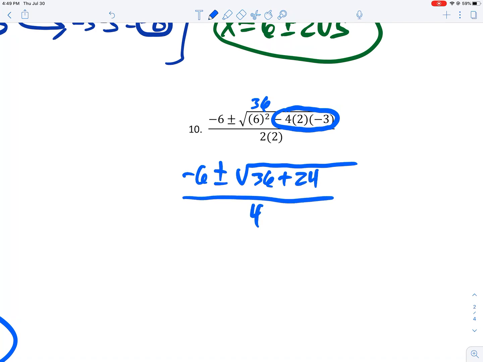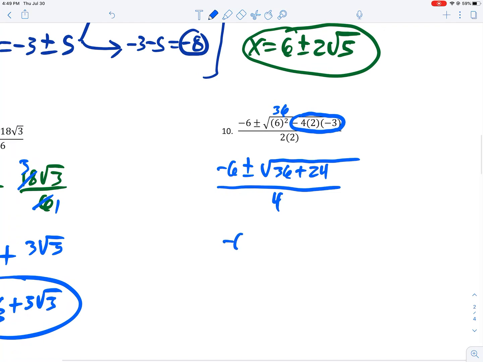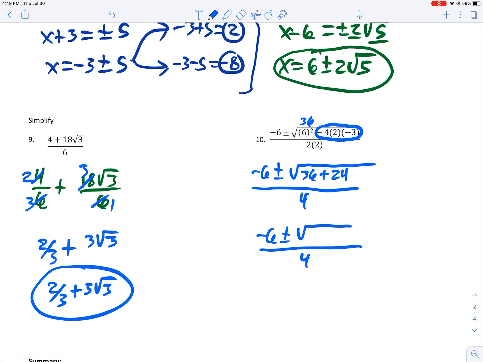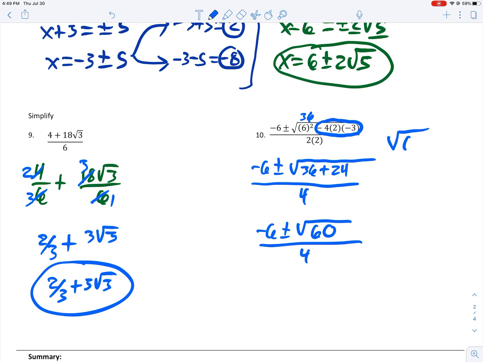So 4 times 2 is 8, times 3 is 24. All over 4. So -6 plus or minus square root. Okay, 36 and 24. Right, 36, 46, 56, so 60. So starting to look kind of like number 9.